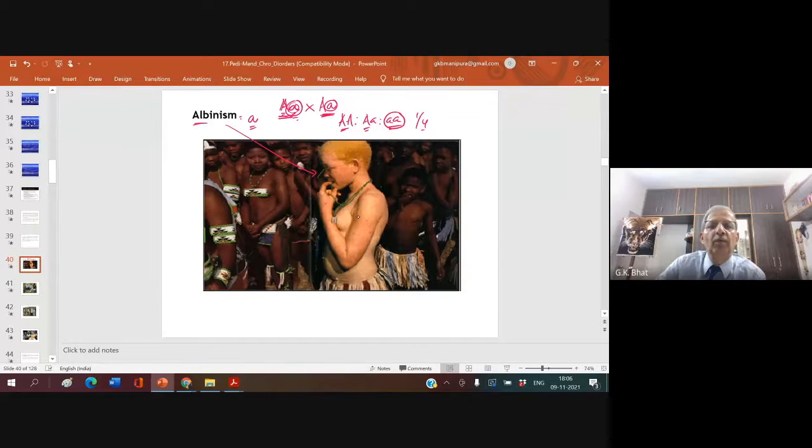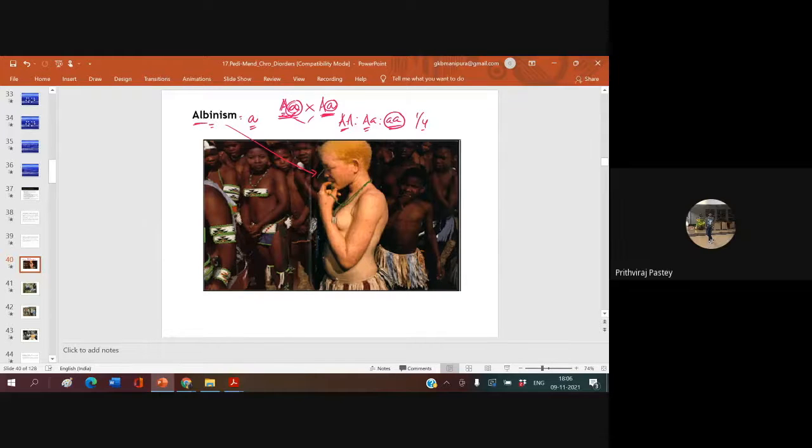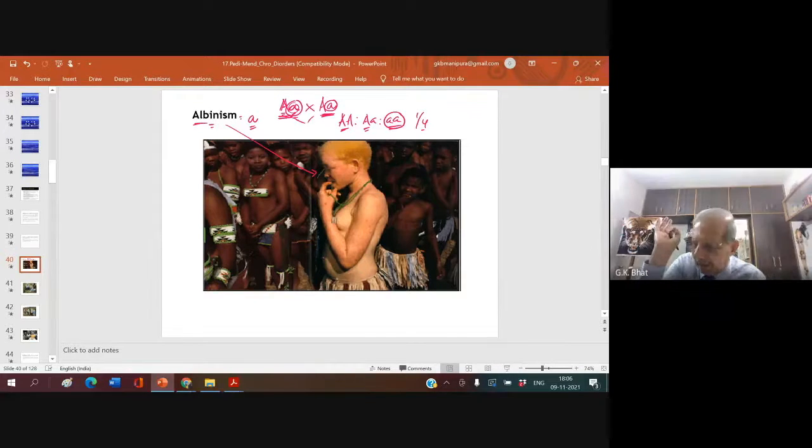This boy is normal, but also has an allele for albinism. When this boy and girl marry, they'll get a child with albinism. Therefore, marriage between close blood relatives is not good. Understood? Yes, sir. Are you following me? Or even then you want to get married? No. I hope you have understood. Otherwise, I'll tell you about that again later.